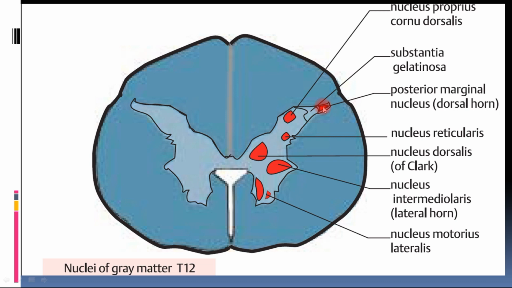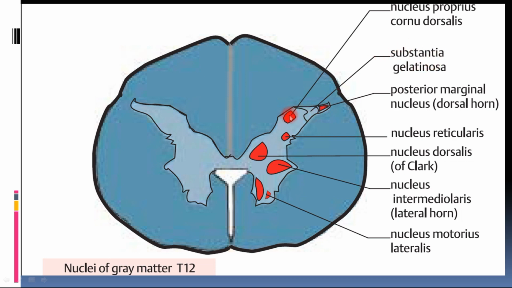These are the posterior marginal nucleus, at the most apex, at the margin of the dorsal horn. Then comes the substantia gelatinosa, which has a function in pain suppression. You would have studied the pain suppression pathway, the pain suppression mechanism.